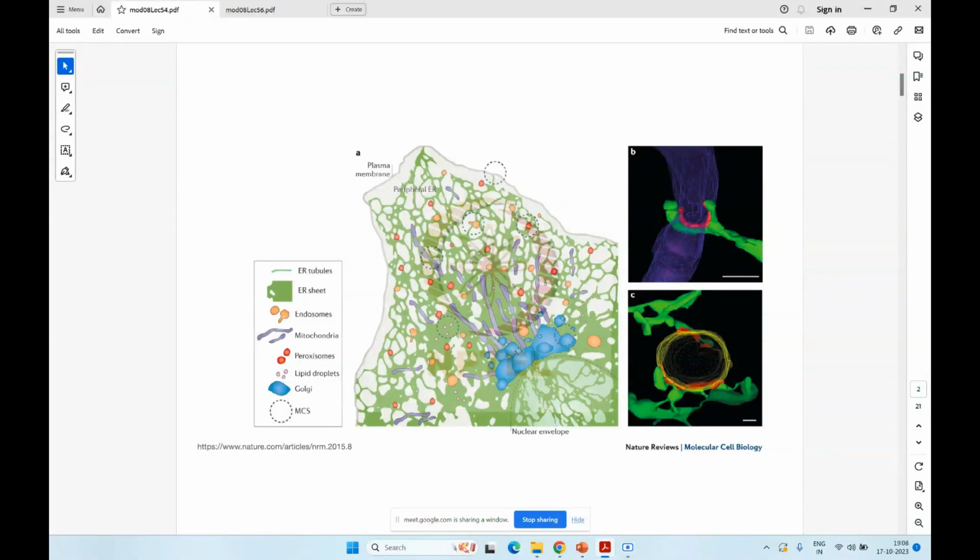It becomes spread very much similar to how the ER is spread in a normal cell. However, the structure of the ER is like this in a normal untreated cell.